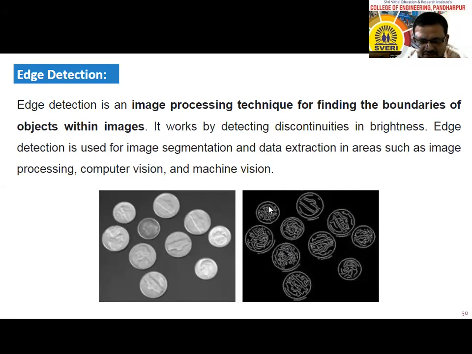These coins are circular, so the circular edge is there, and on the coin different embossings are also there. Therefore, those embossings are represented by the edges of the embossings in the image.